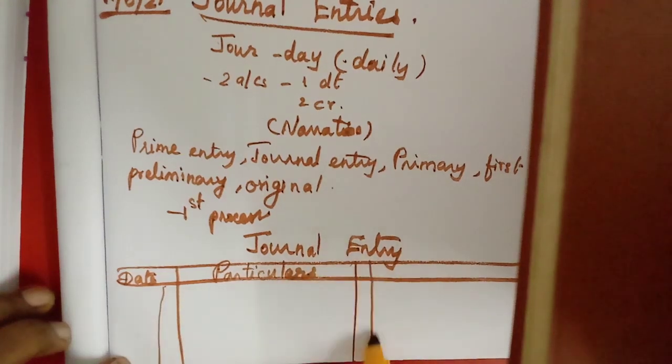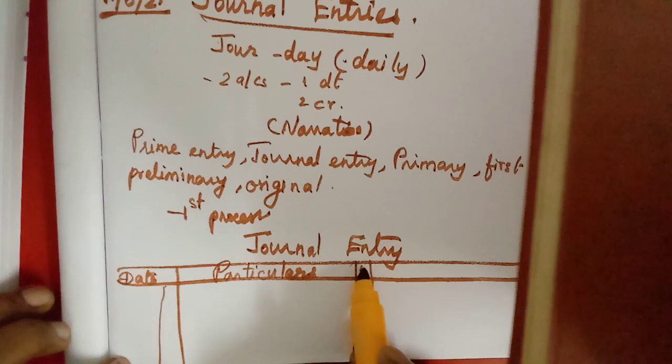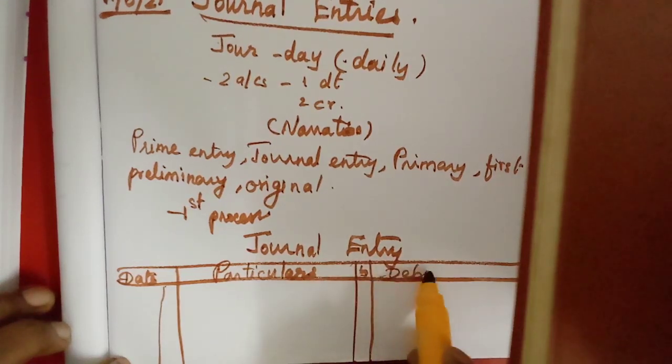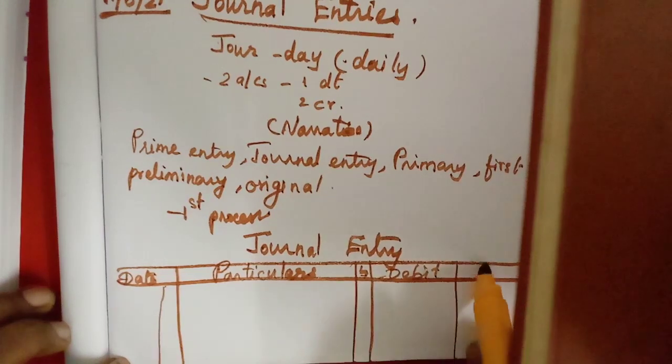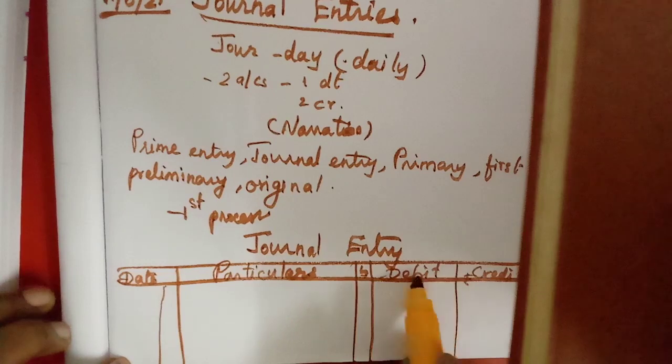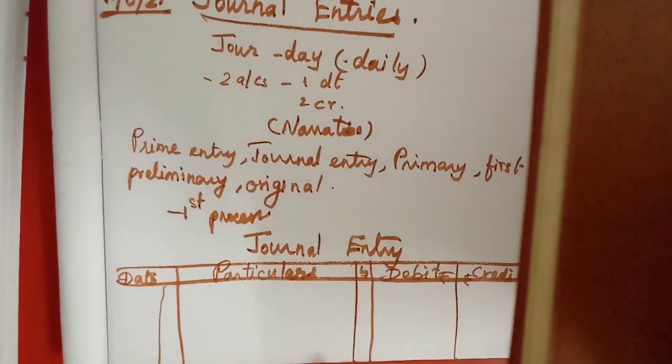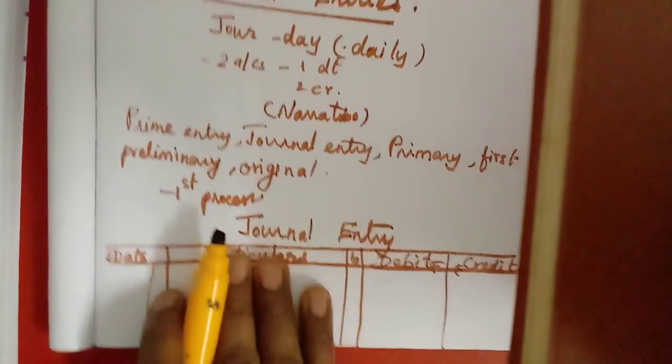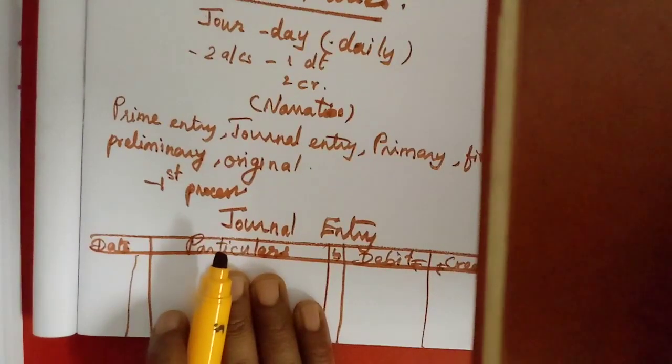Then a small column LF. Then debit, and another one credit. Then we should write the rupees symbol here, that is where we will write the rupees symbol.